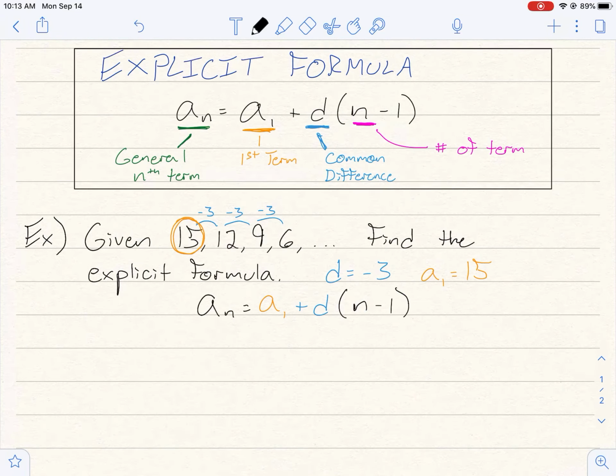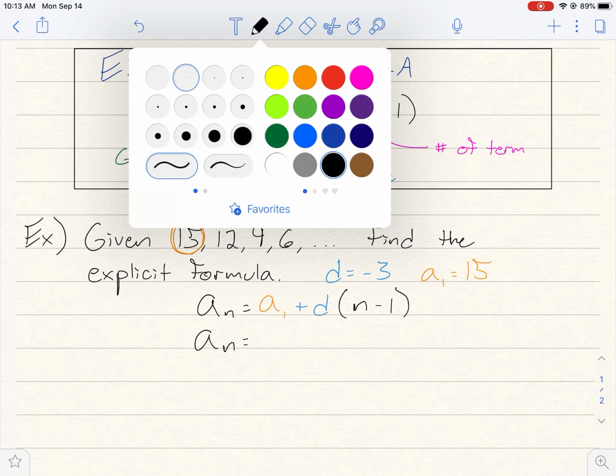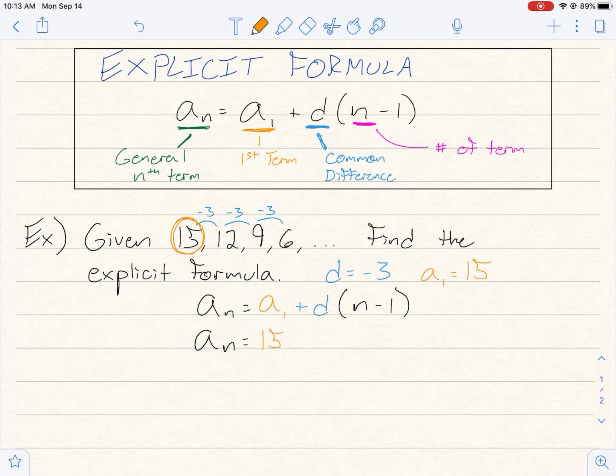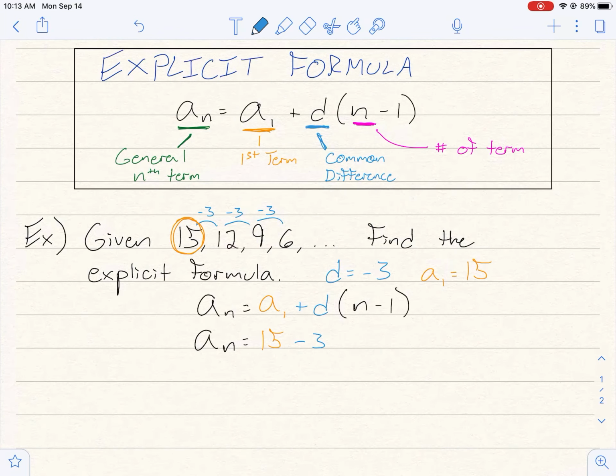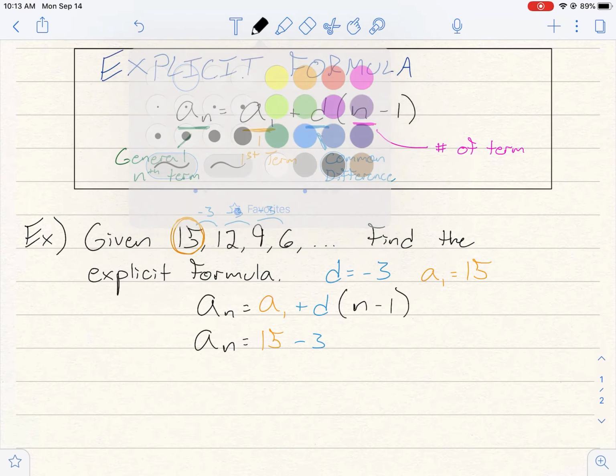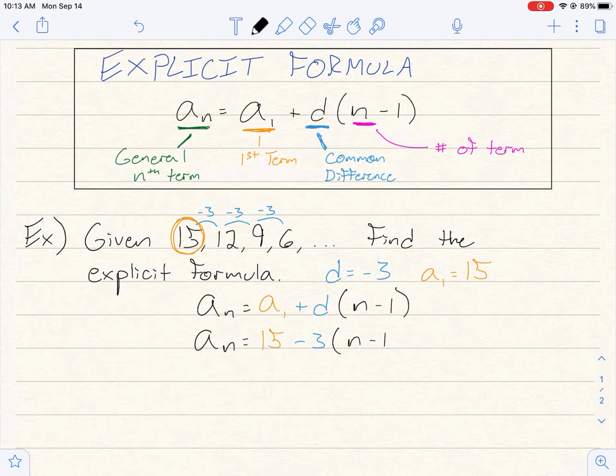There's only two things that I'm plugging in to create this formula. So a sub n is equal to 15 minus 3 times n minus 1. So remember your order of operations. You want to distribute here.